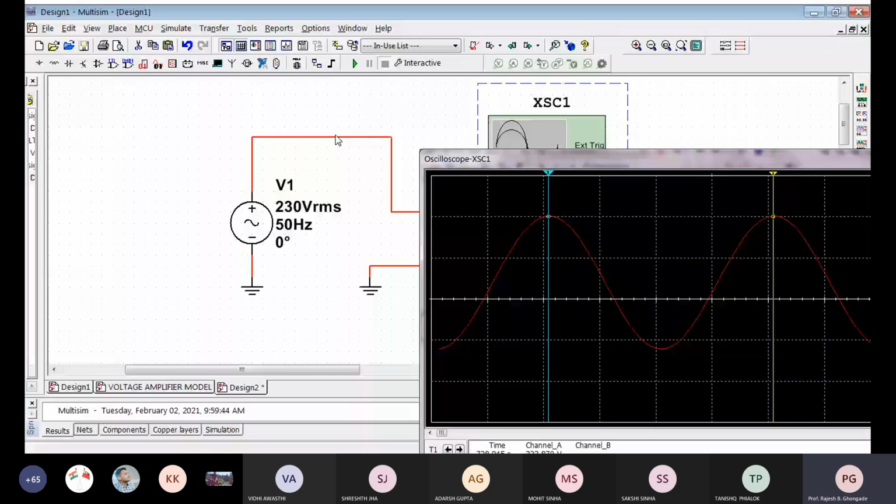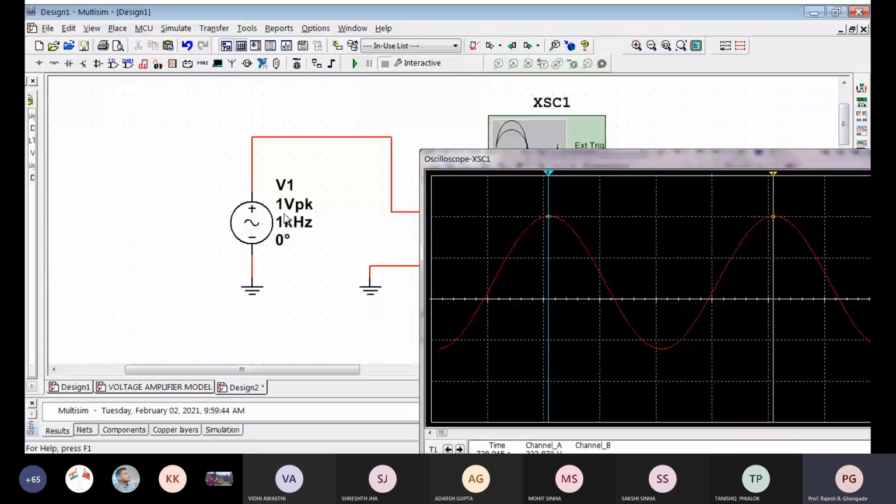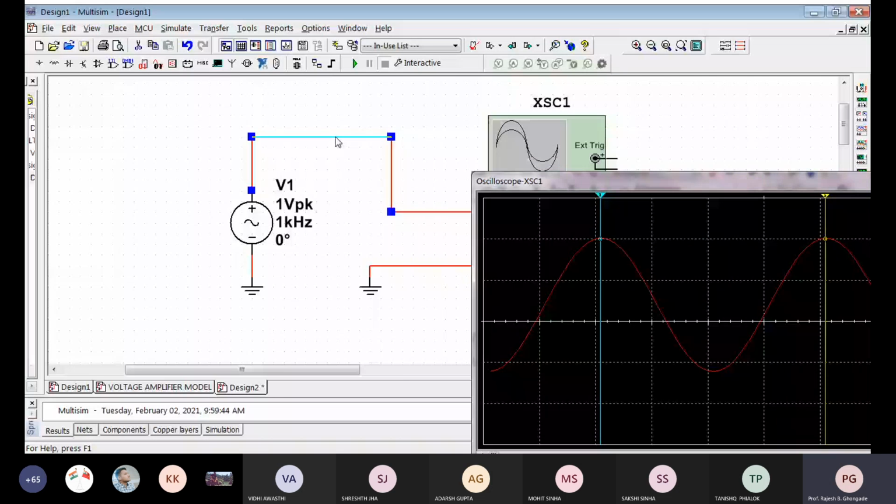Okay, I'll just replace this with the signal source. Now see, it has changed to 1 volt and 1 kilohertz. Okay, and then I may have some kind of a DC content, offset. Let us say it is 2 volts.